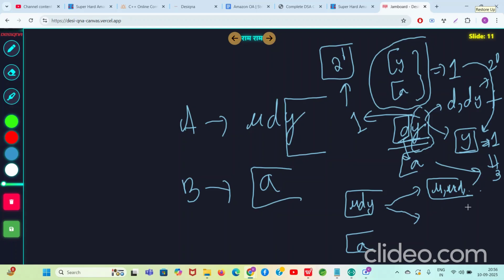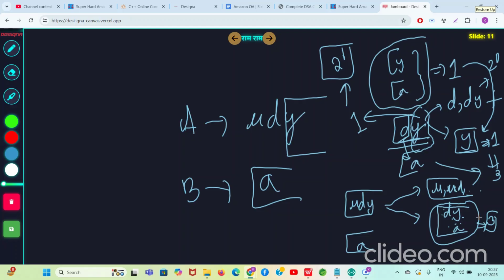Another is nothing but all the subsequences which are getting created when u is not there. Basically, if you only consider the string dy and a, then what would be the answer? This is the second part of subsequences. So for dy and a, the answer is 3. So second part of subsequences, the answer is 3.